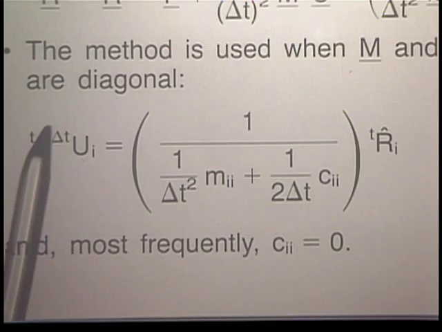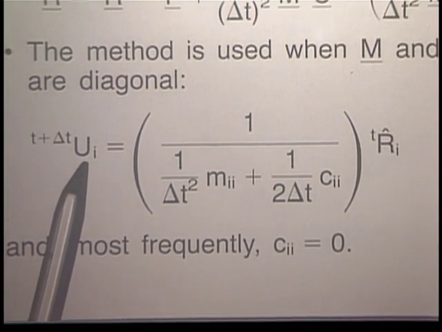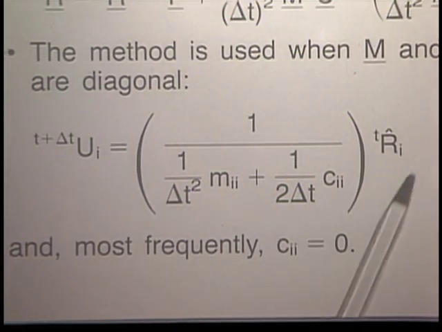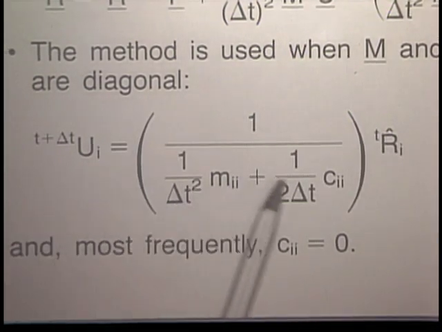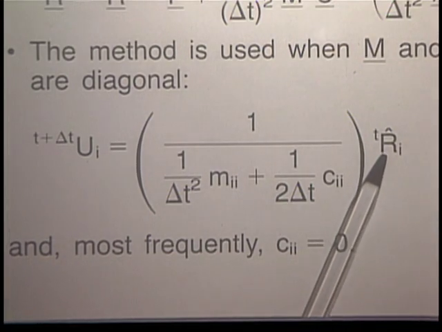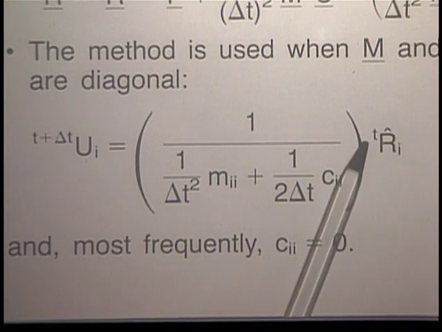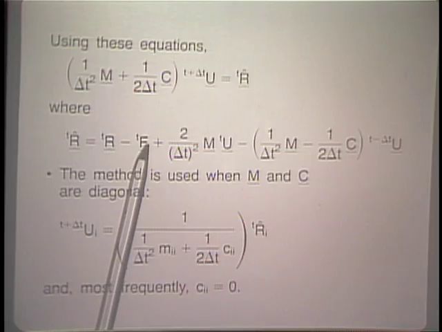Notice we can calculate the individual displacement components, or the displacements at the individual degrees of freedom, one after the other as shown here. Once we have evaluated Tr hat, of course, Tr hat, let's remember, contains these terms here.